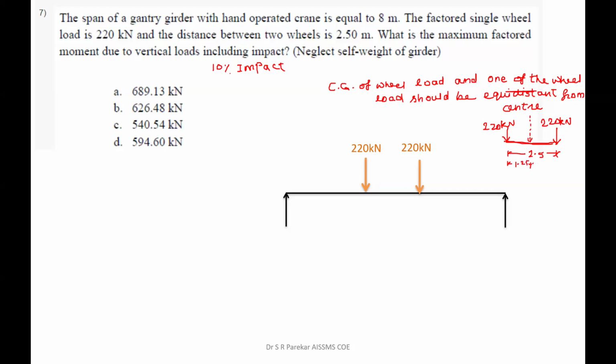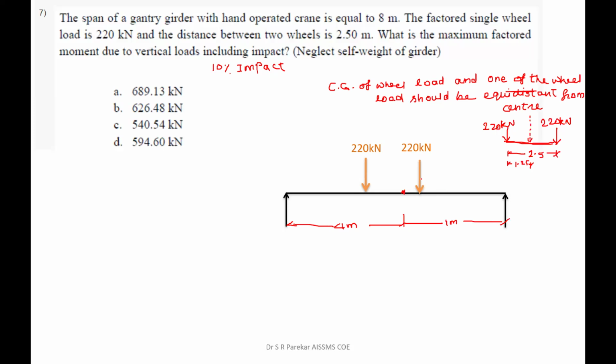And now CG and one of the wheel loads. So if I say I have CG here at the center, this span is given as 8 meter, so this will be 4 meter and this will be 4 meter.